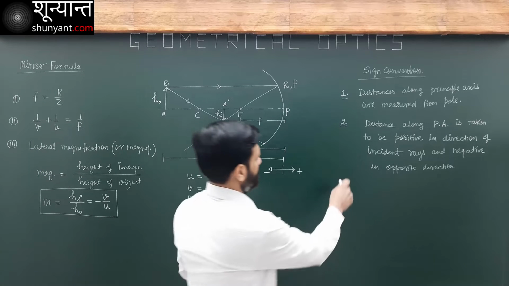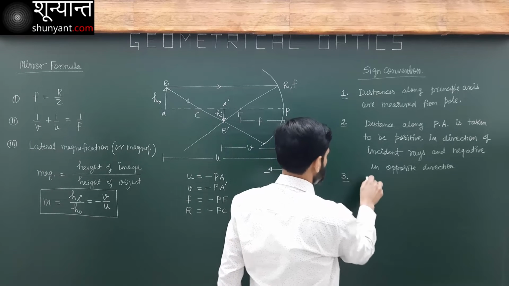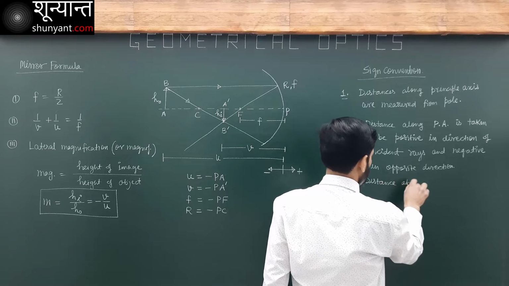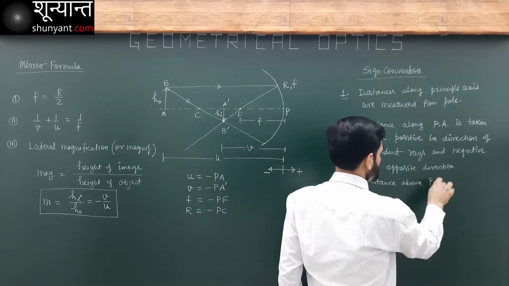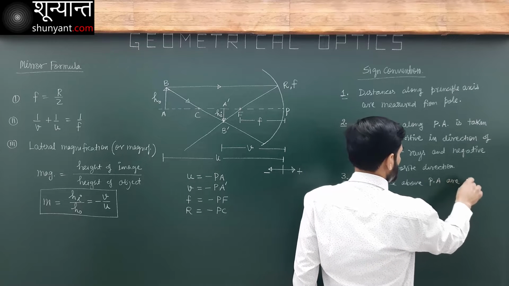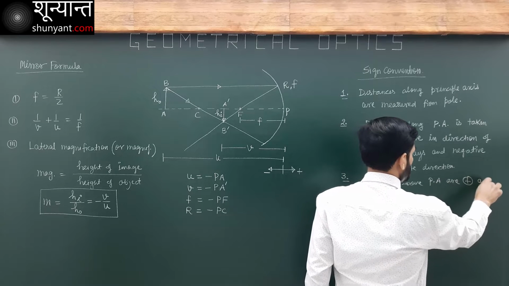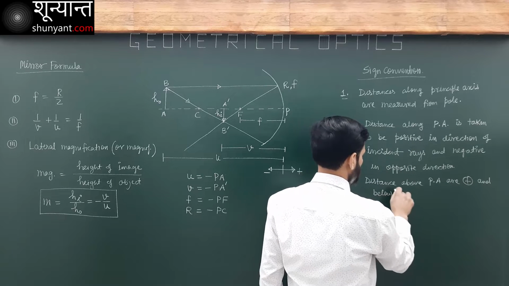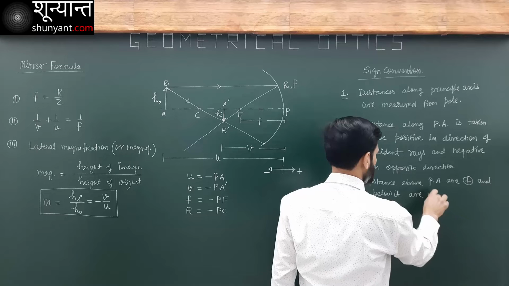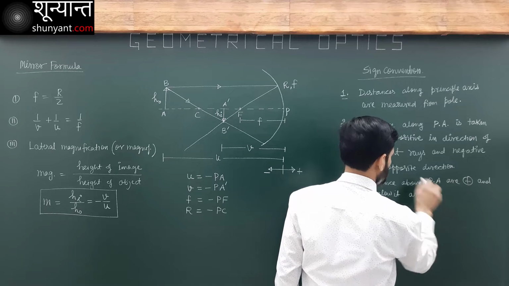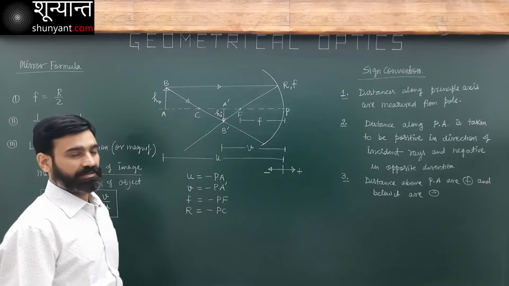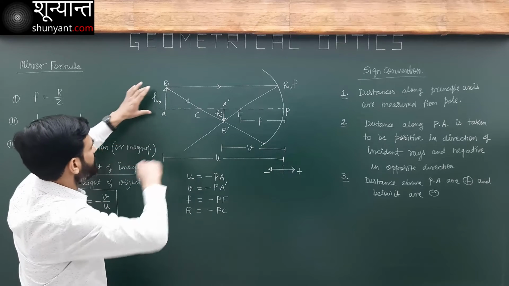Now, third, distances above the principal axis are positive and below it are negative. This is my principal axis. I have this distance here, AB.